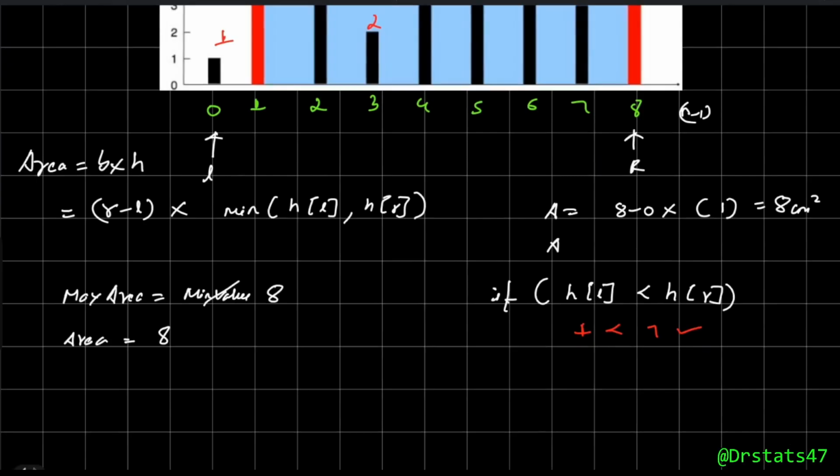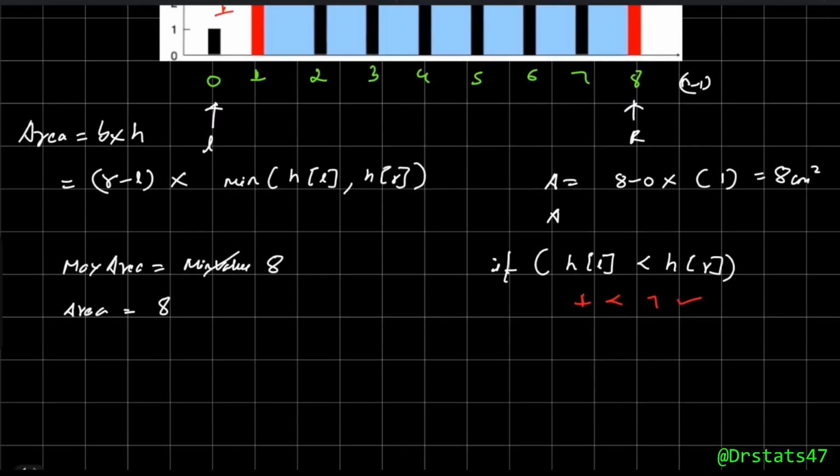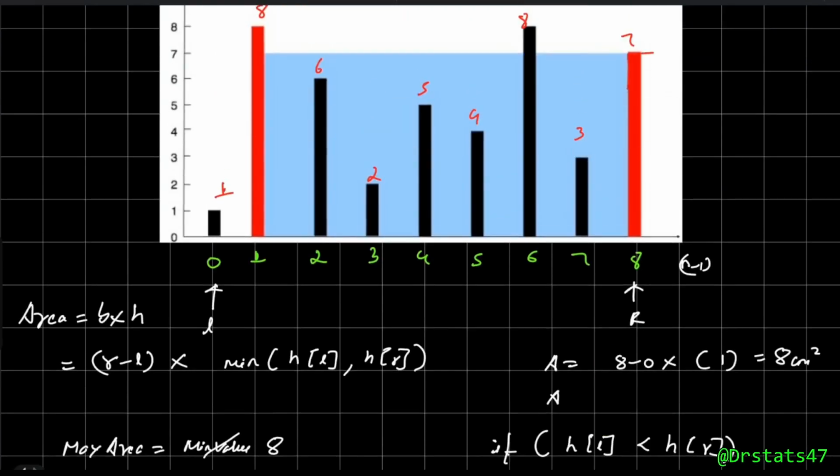So which one do we have to move? Obviously, we move the left pointer because we are getting less area, right? Here we have a very big bar, or what we can say, a bridge. Here we have a smaller bridge, but we want the max area.